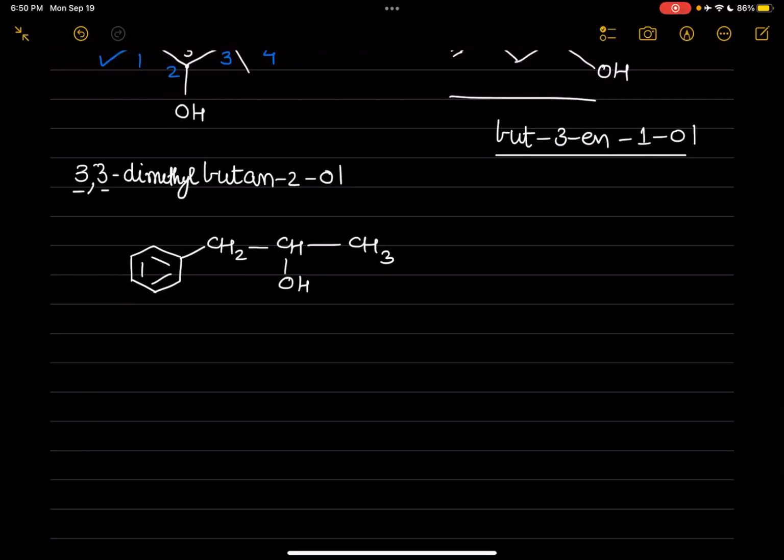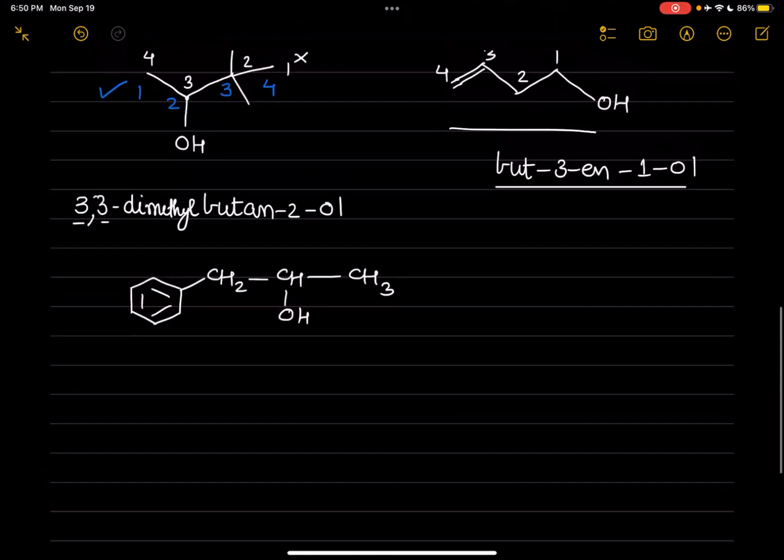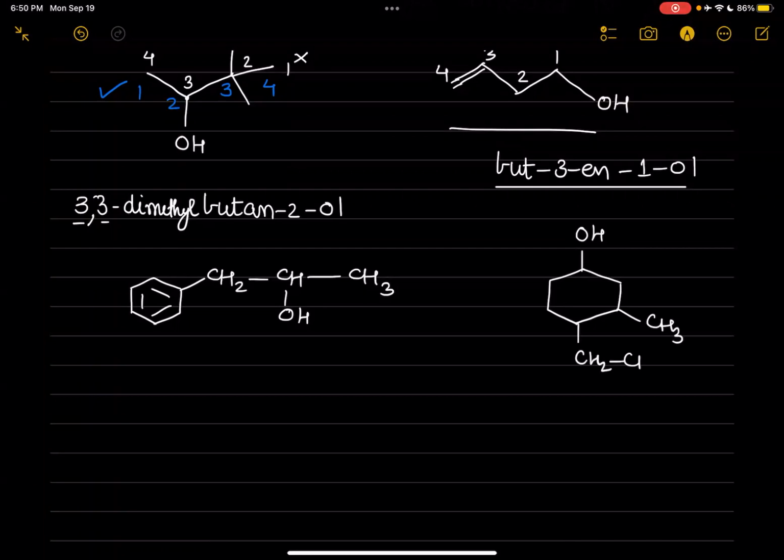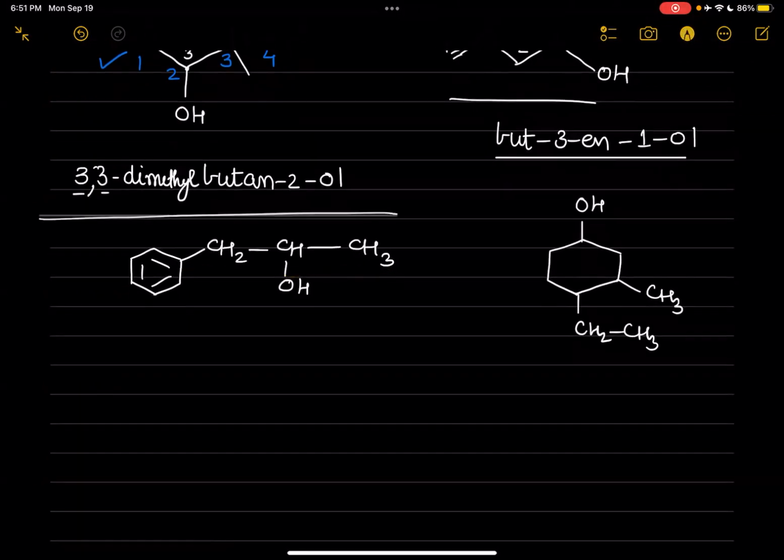What's the IUPAC name of this compound? You need to select the longest chain.